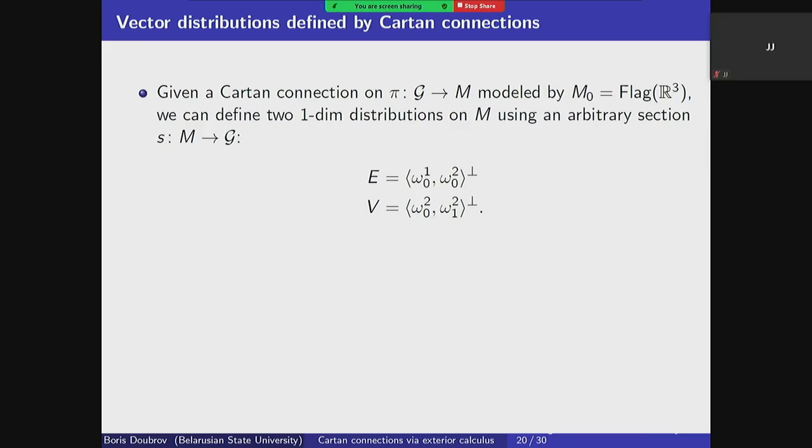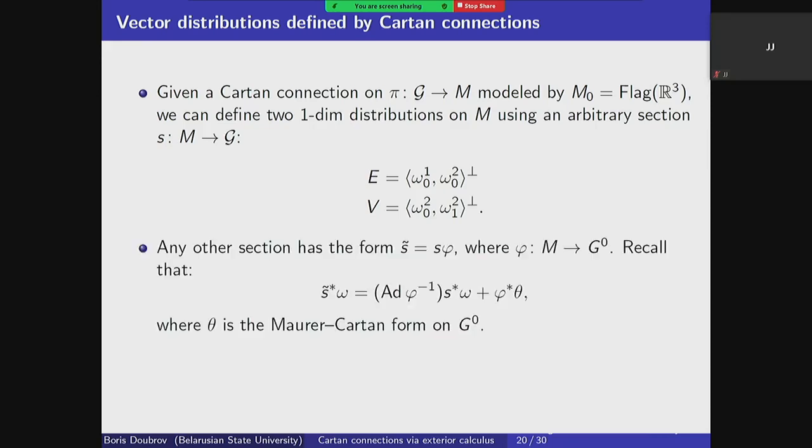What we want now is to have our connection associated with a given second order ODE, which means that we would like to make sure that E is exactly the distribution, the line direction, that we have. E and V are the directions defined for a given second order ODE.